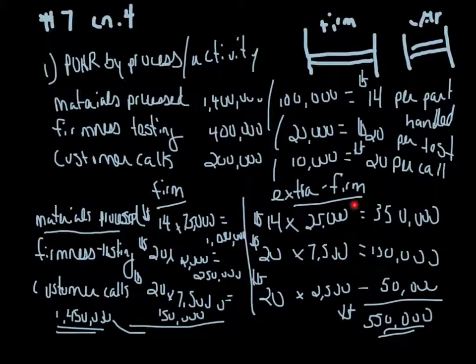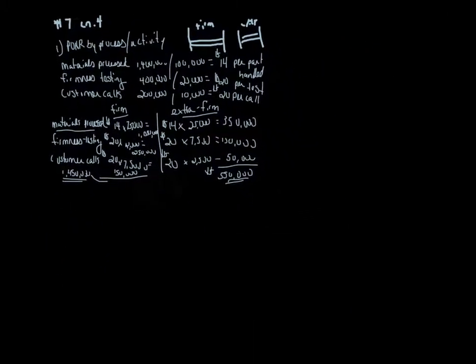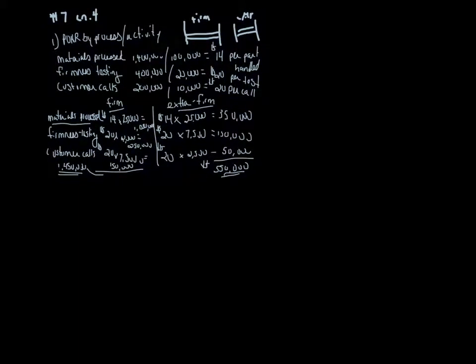And then part B is really just a quick test of your knowledge of how you can apply all of the information here that you just calculated so nicely, applying it to a quick specific mattress. So let's take a look at that one. I'm going to shrink this up. So we have, if a firm mattress requires 5 parts, 2 tests, and 1 customer call, then what amount of overhead should be assigned to that one mattress?